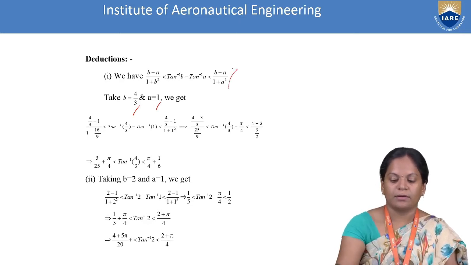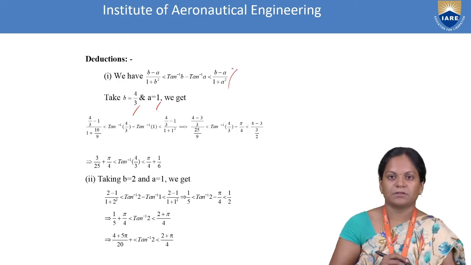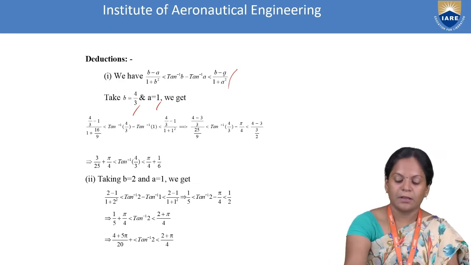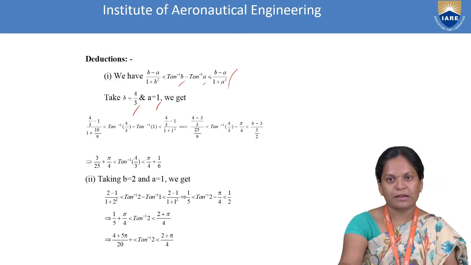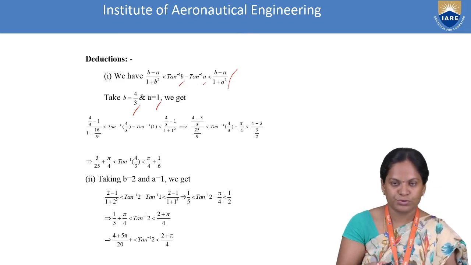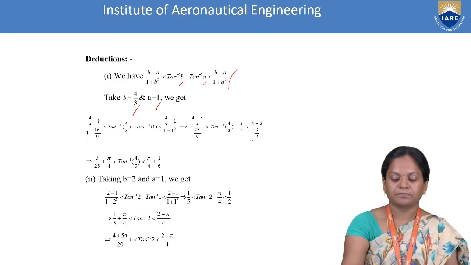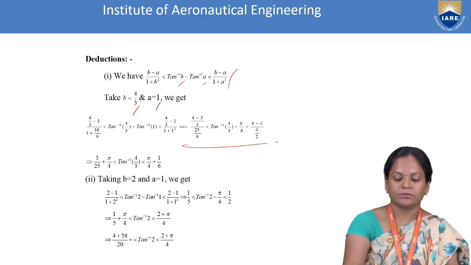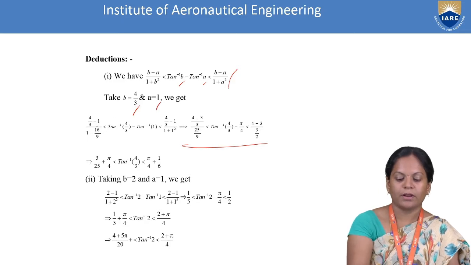Here we got (b - a)/(1 + b²) < tan⁻¹(b) - tan⁻¹(a) < (b - a)/(1 + a²). Replace a and b, give some values of a and b. This we have to choose. Then you will get the deduction. So for the first one, I am substituting b = 4/3 and a = 1. What happened here?